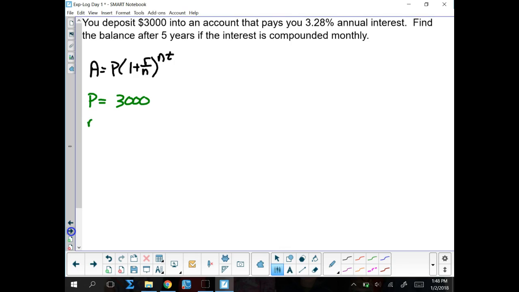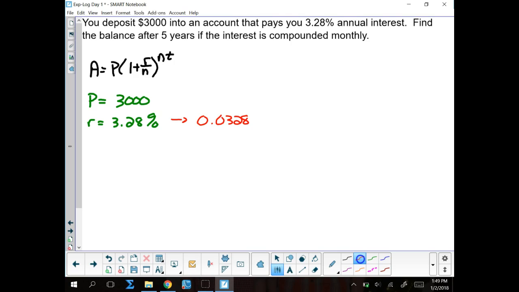What is my interest rate? So my rate is 3.28%, but I'm going to use that in the formula as 0.0328.